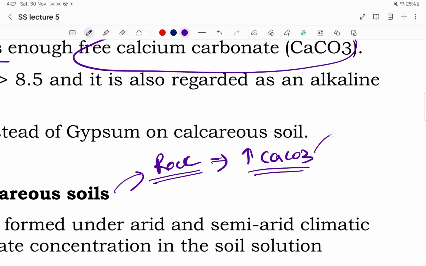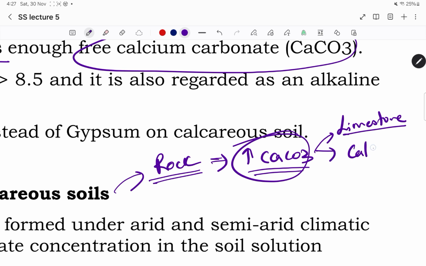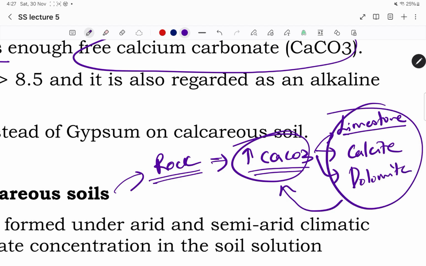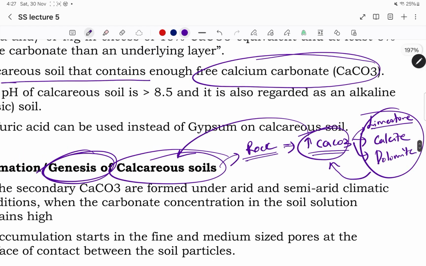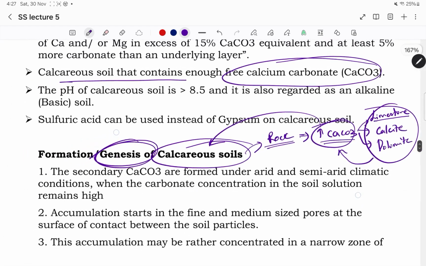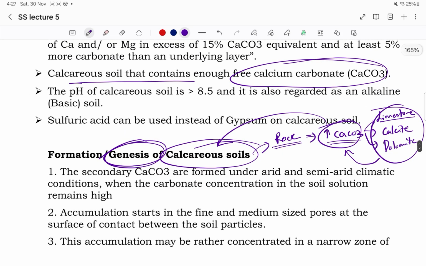Can you remember the rock or the material containing high calcium carbonate? For example, limestone, calcite, dolomite. These are the rocks and minerals containing a high amount of calcium carbonate. When these rocks get weathered, there is a formation of calcareous soil. This is one of the reasons how calcareous soils are formed.